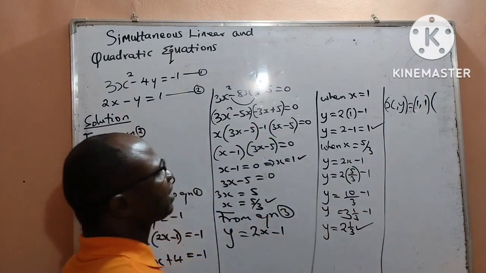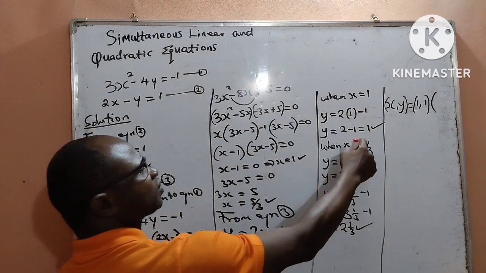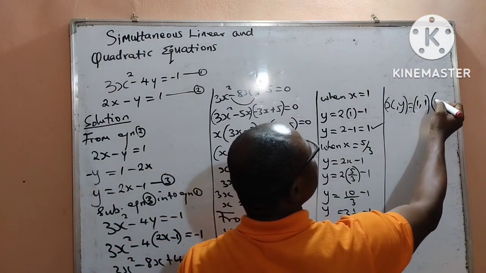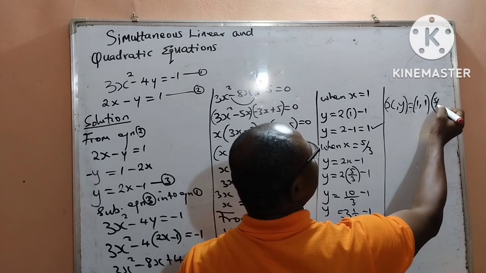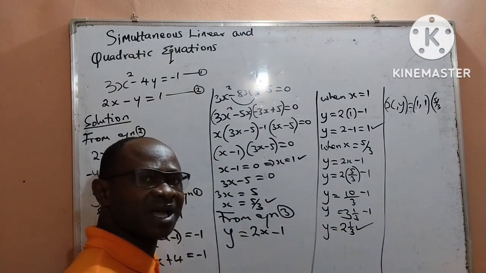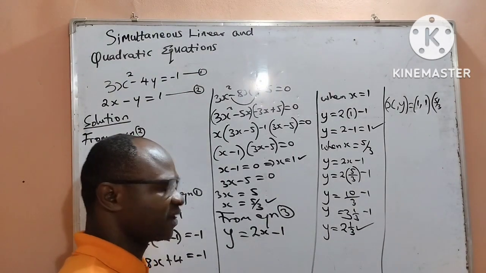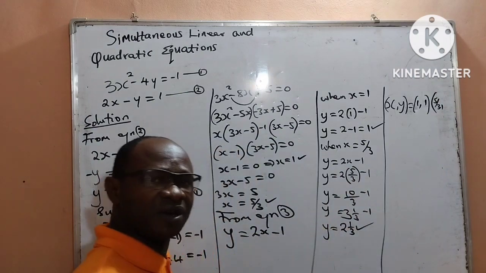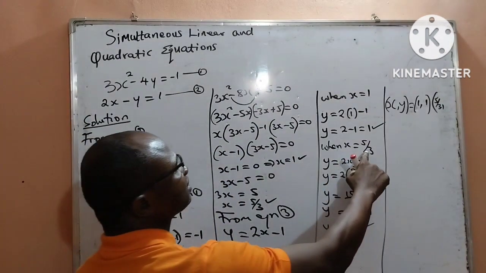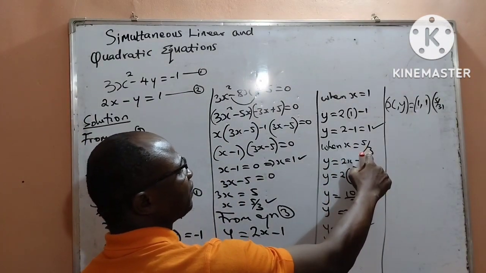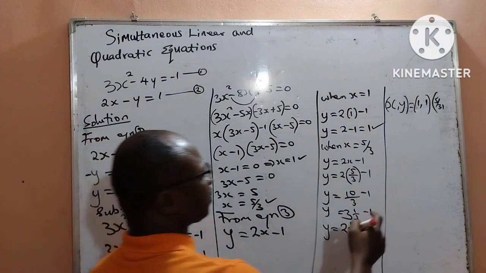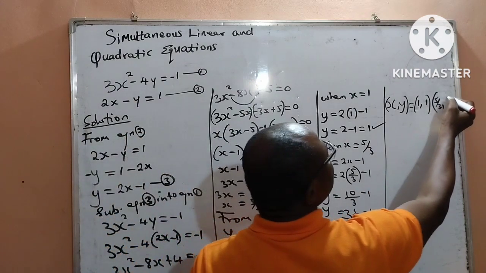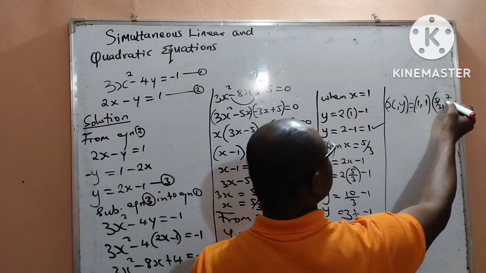And again, when the value of x is equal to 5 over 3, which can be written as 1 whole number 2 over 3, that is the second value of x. Then, when the value of x is 5 over 3, the value of y that we got is 7 over 3.